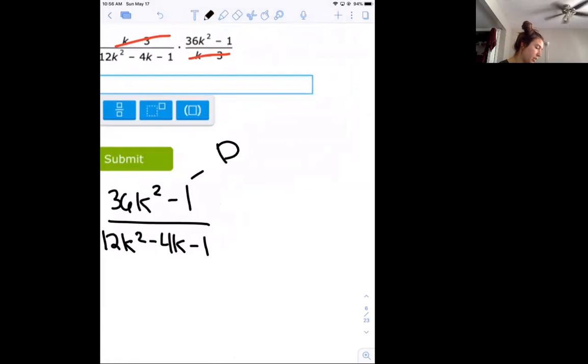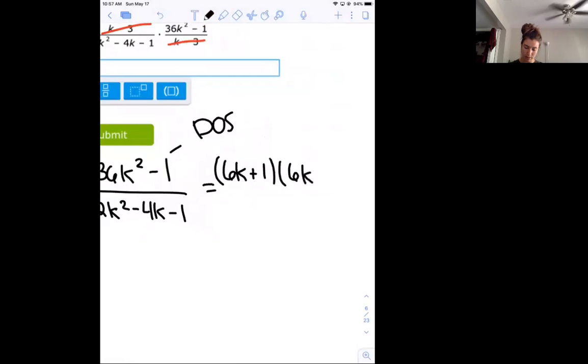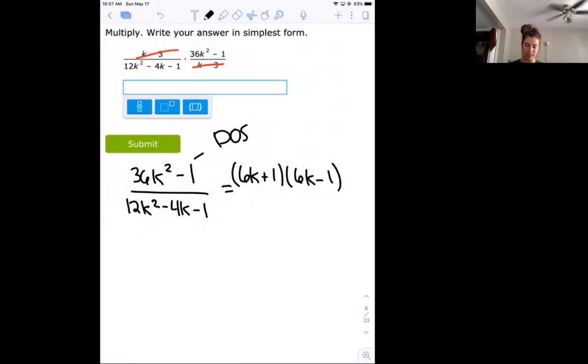This is a difference of squares, if you guys remember that. So to factor that, I know it's just going to be 6k plus 1 times 6k minus 1. That's how I factor the top. If you don't remember that, look up difference of squares.